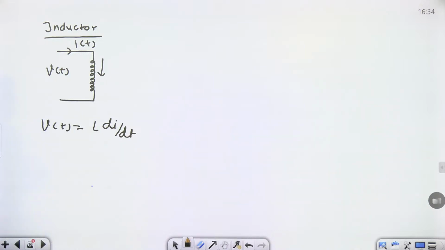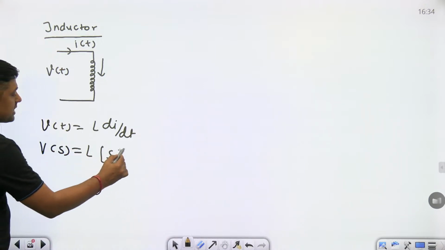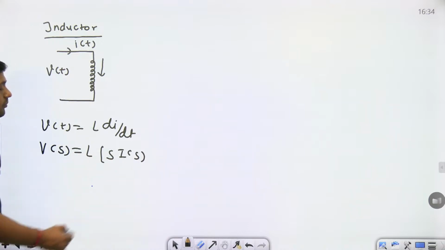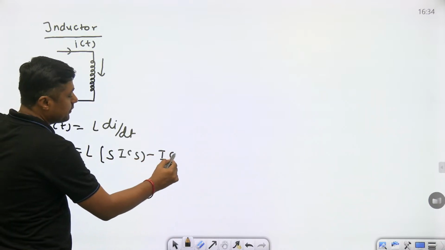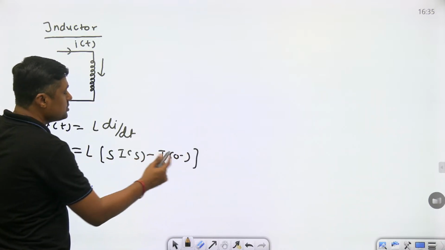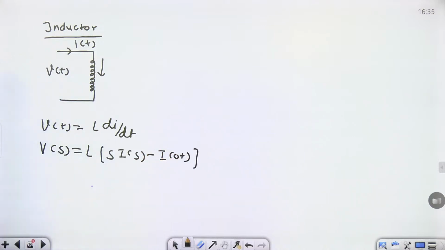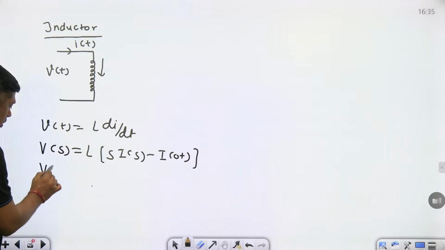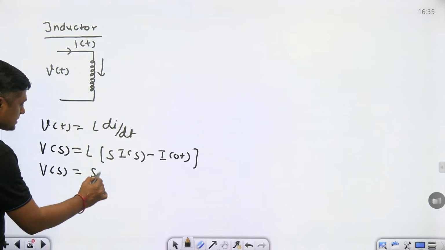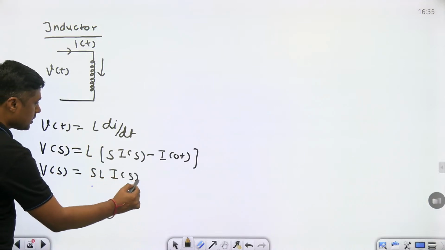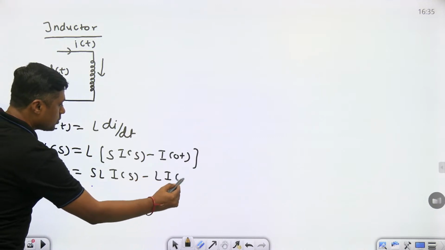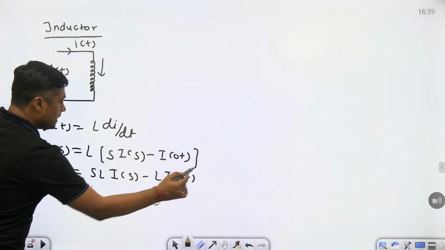Now you can find the Laplace of this. The Laplace of this will become V(s) equals L common, s I(s) minus I0 negative, where I0 is the initial condition. So V(s) equals sL I(s) minus L I0 positive. That is the representation.